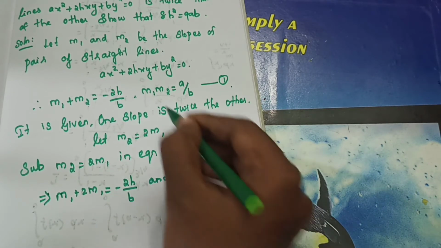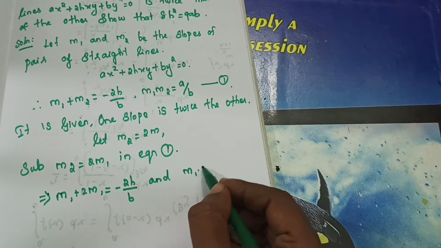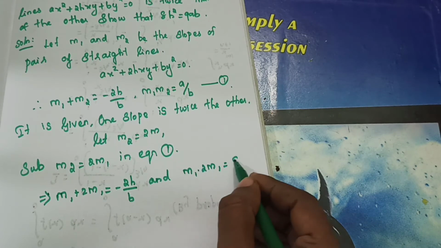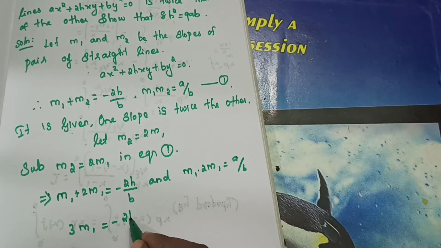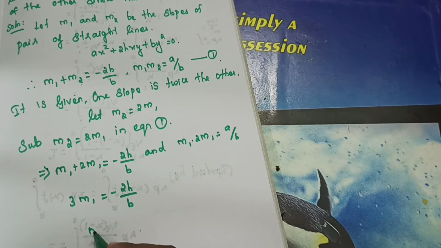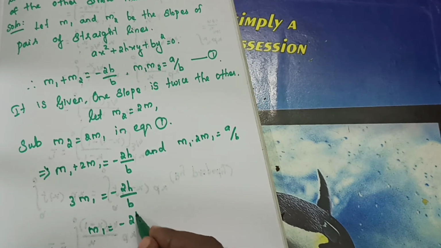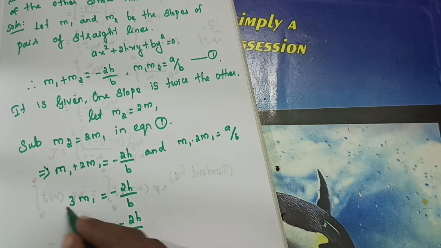And here also you can substitute: m1 into 2 into m1 is equal to a by b. So what's the value we get here? 3m1 is equal to minus 2h by b. From this, m1 is equal to minus 2h by 3b.